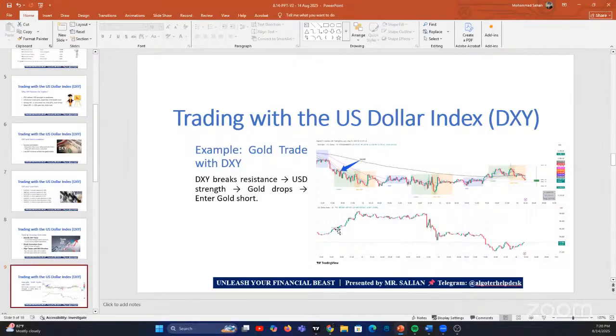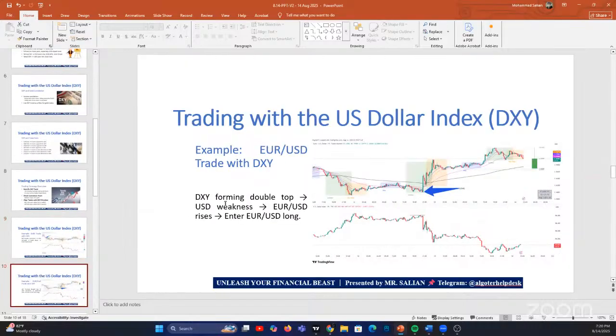Once it breaks that, as you can see, it's breaking this resistance there, and it means the US dollar is stronger. So gold will drop eventually, just like here. So when you see this, you can enter into your short position for gold and just hold your trade until you get your profits. Just like that. Very easy, right?